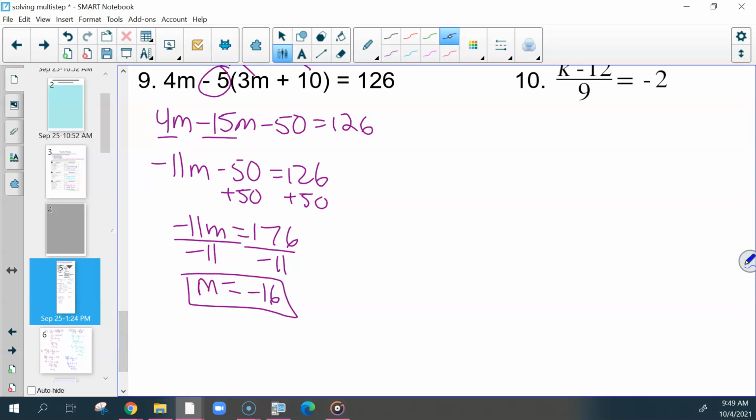Put negative 16 back in for all of your m's. I'm going to put this all into the calculator instead of trying to simplify this all at the same time.